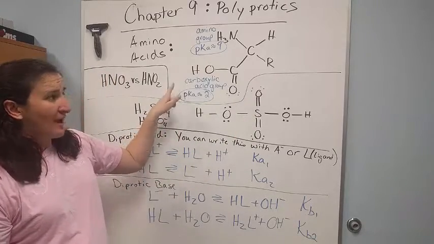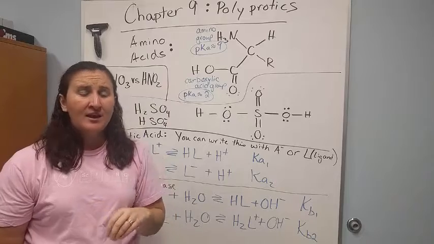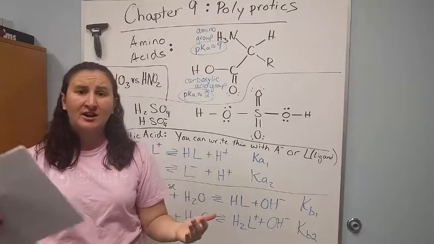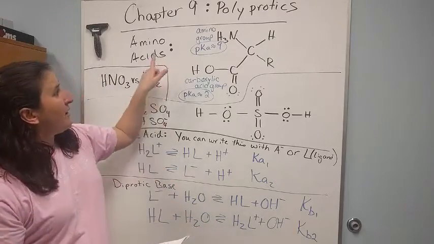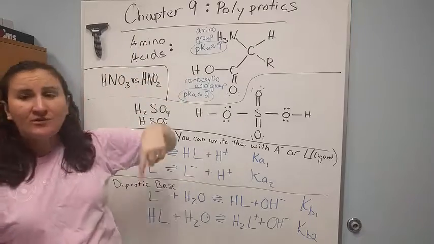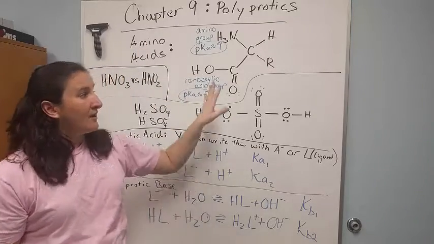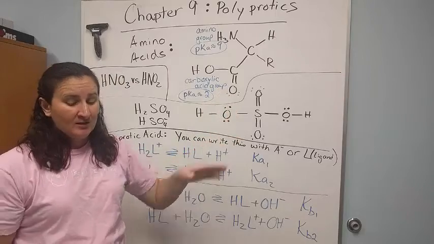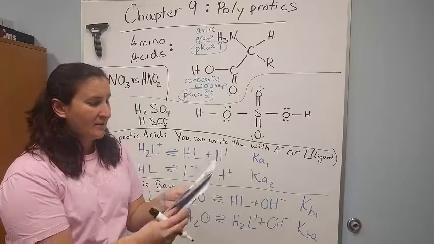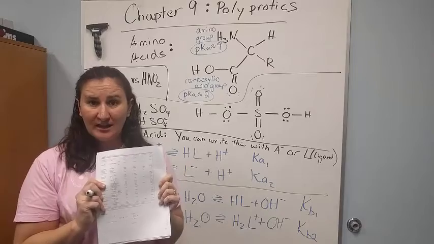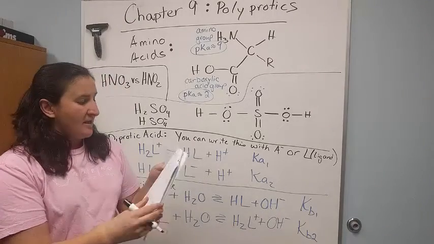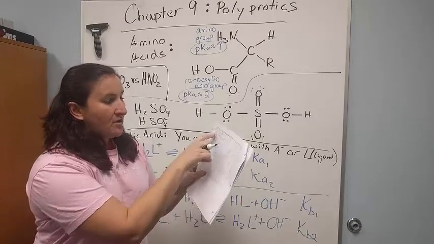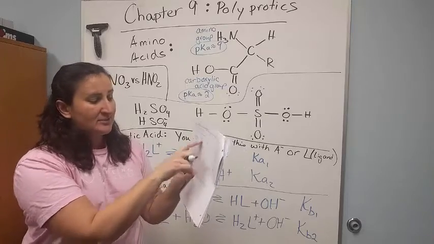When we're looking at amino acids, these are another perfect example that's going to lead us to understanding bond strength and polyprotics. With polyprotic acids, you have amino acids, and if you haven't taken biochemistry yet, then you may not be familiar with the way that they work. I gave you guys a table 9-1 in your handout, so look at that with me. This handout shows you all of the different amino acids and these substituents.